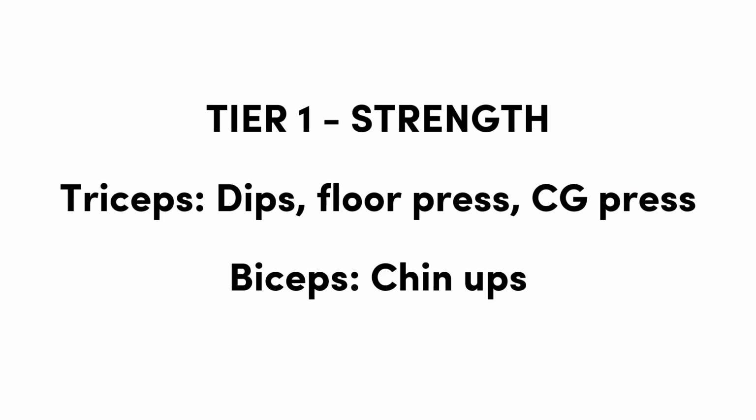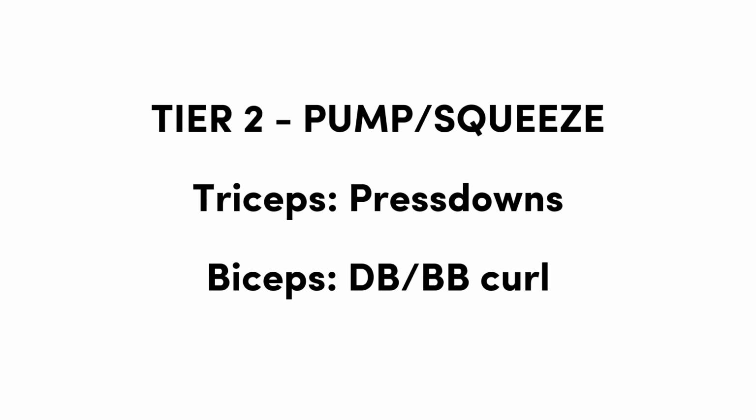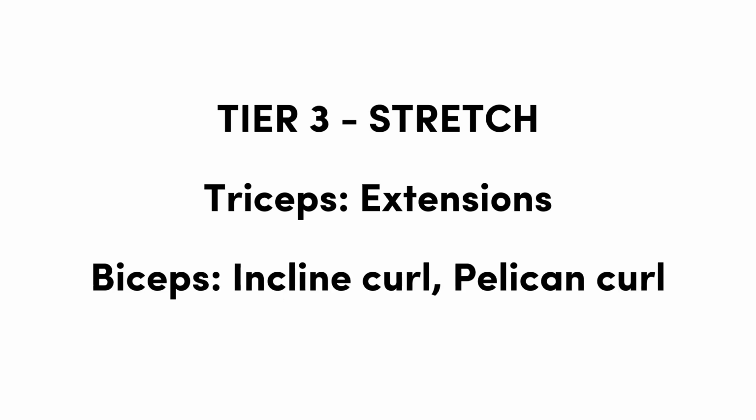First, your tier 1, your strength, will be something with a bias either to triceps or biceps, like a dip or floor press for triceps or a chin-up for biceps. Then your tier 2, the pump, can be a pressdown and a standard curl. And the tier 3, the stretch and extension, an incline curl or pelican curl.